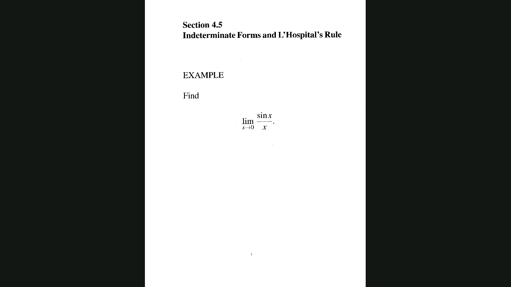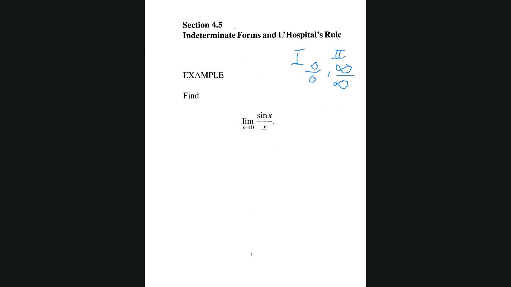Now, let me ask you, what kind of indeterminate form is this? Is it 0 over 0, or is it infinity over infinity? Okay, you have choice 1 and choice 2. All right, Felicity thinks 0 over 0. Tina thinks 0 over 0.